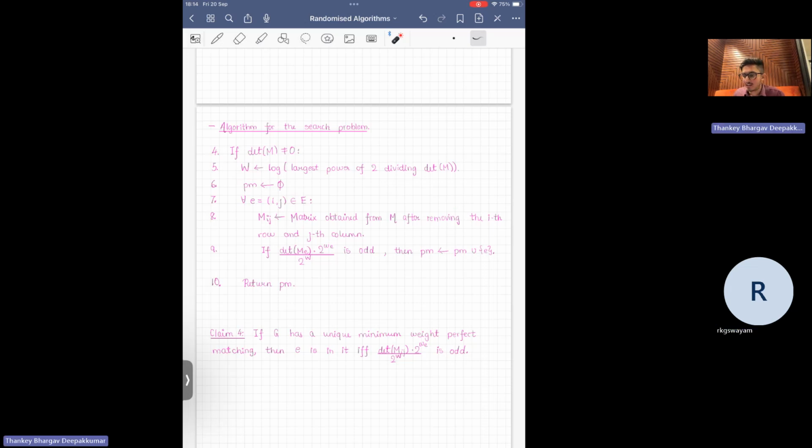Another way is just write determinant of M in binary, right? And check how many zeros are there at the end of it. So how many zeros are there in the LSB, in the least significant bits?